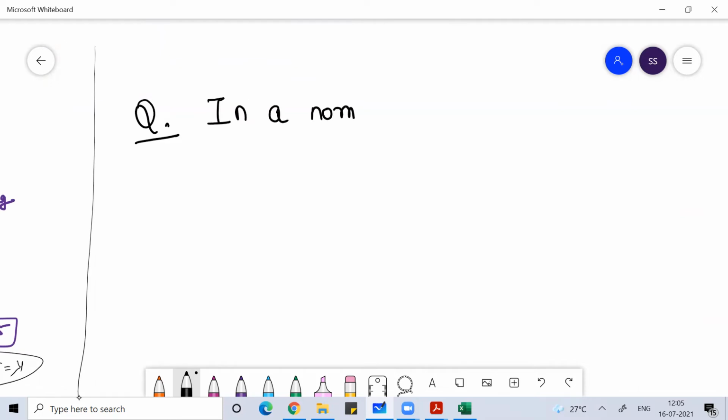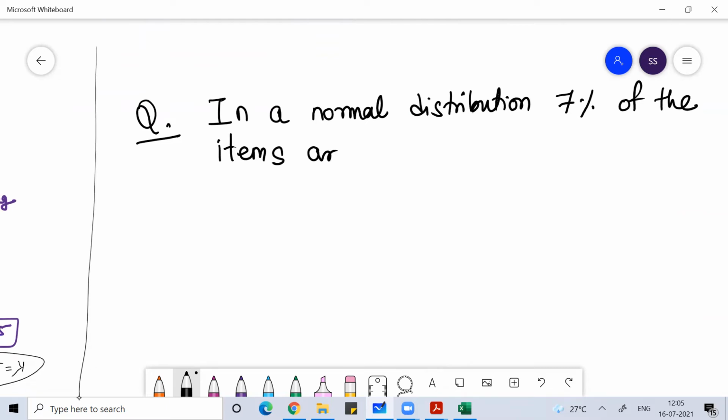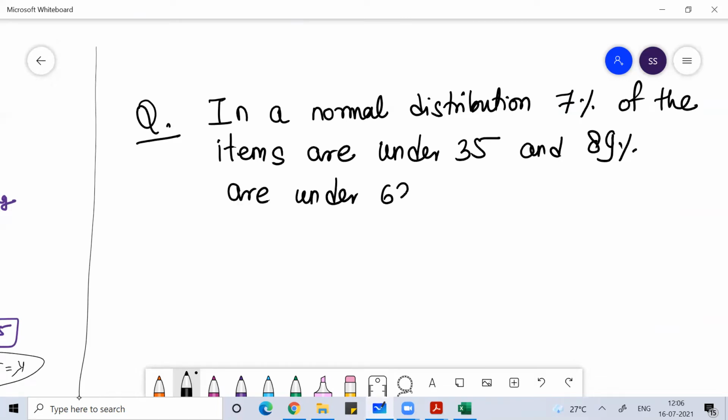In a normal distribution, 7% of the items are under 35 and 89% are under 63. So what are the mean and standard deviation of the distribution?